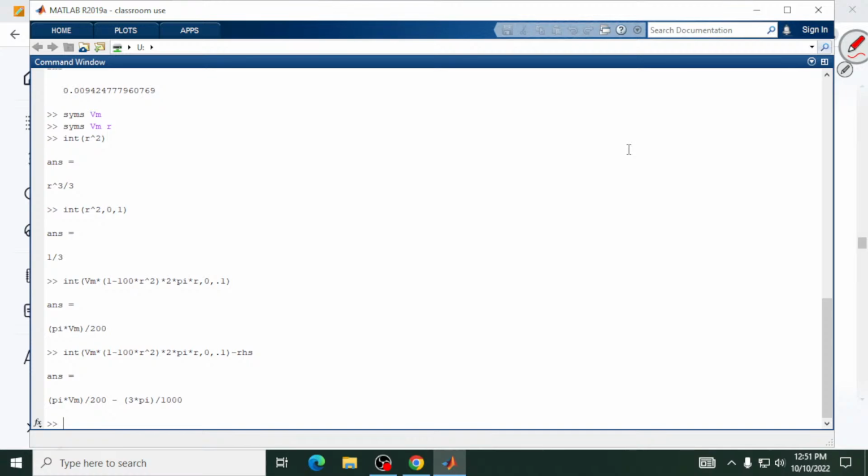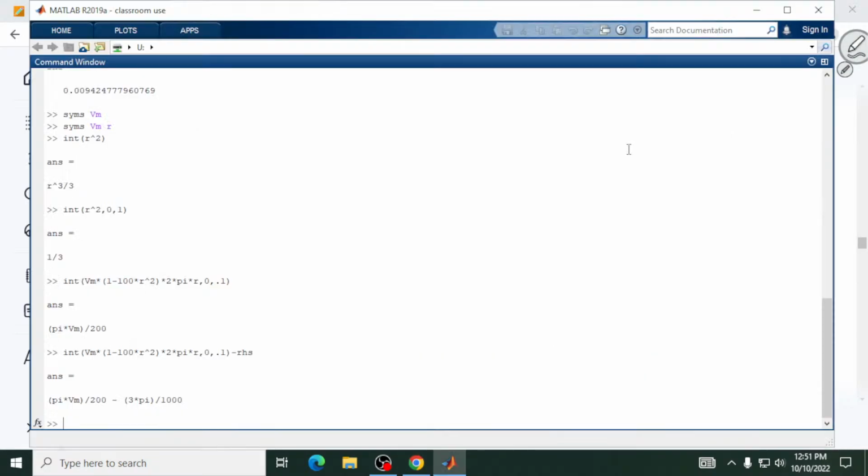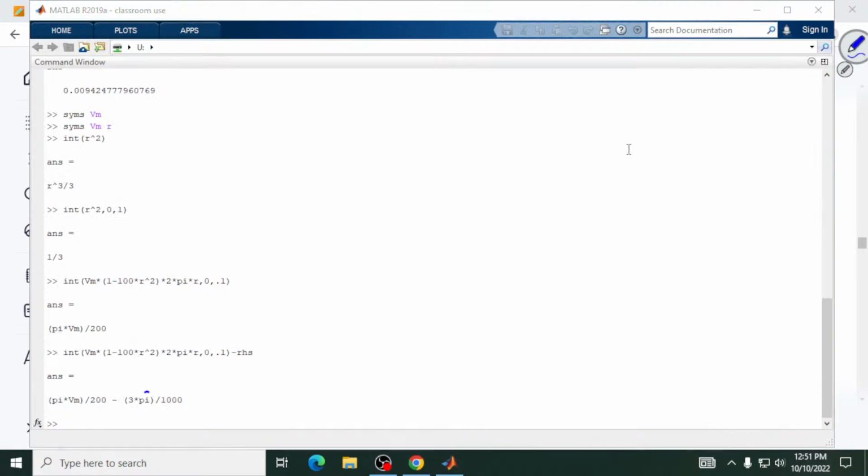So the right-hand side, that's not too intriguing, but you got a pi right here, a pi right here, and a pi right here. So what you find out is all these pi's are pulled out, and you find a pi right here, and then a pi right here.